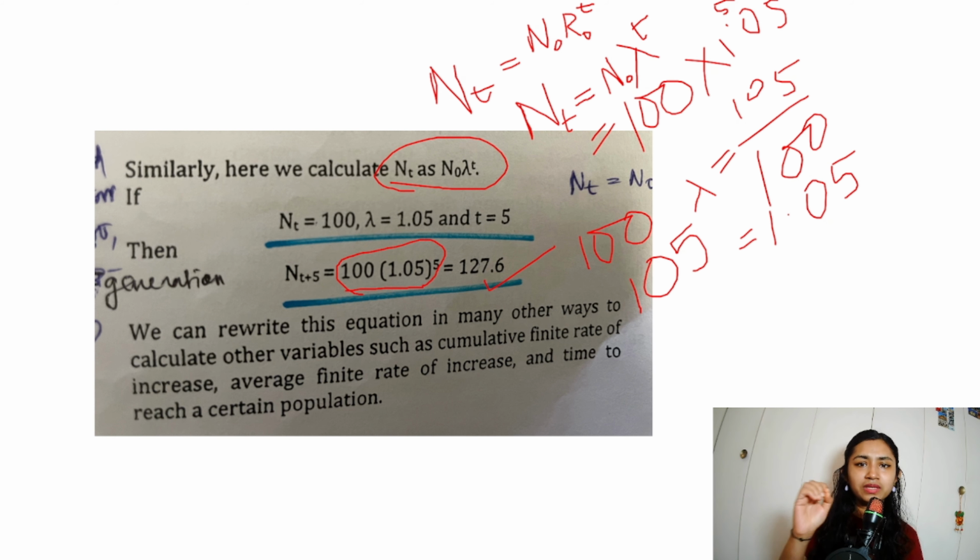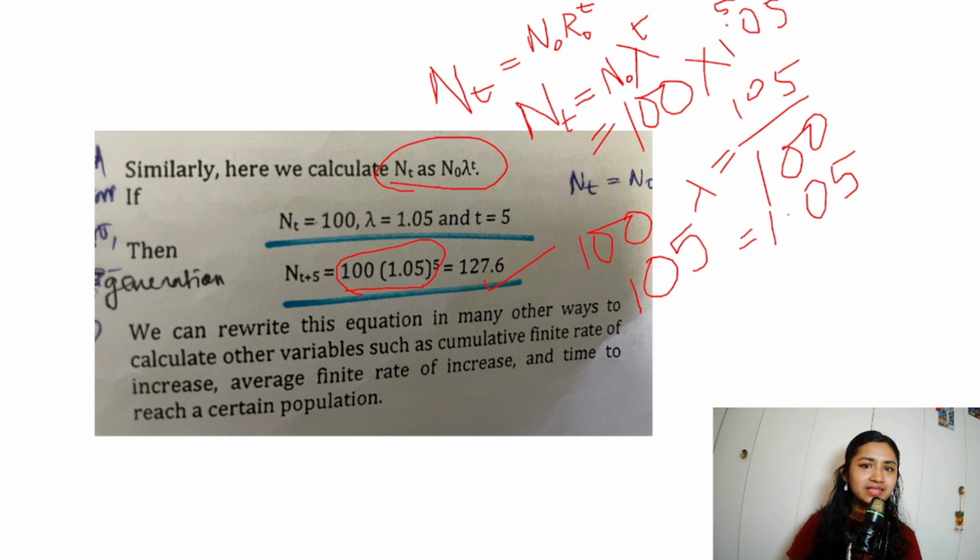By this way you can take out the number of birds year after year. By using the previous example, Nt equal to N0 R0 to the power t, you could take out the population number or the growth in generation intervals, generation after generation, and it was tough to take out the net reproductive rate.